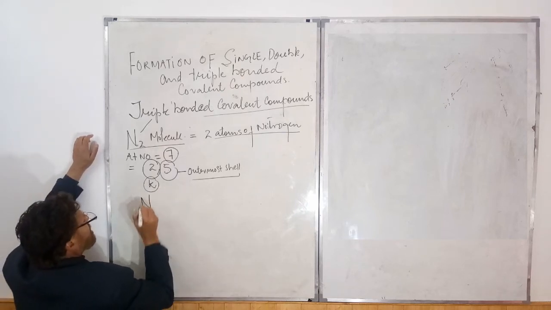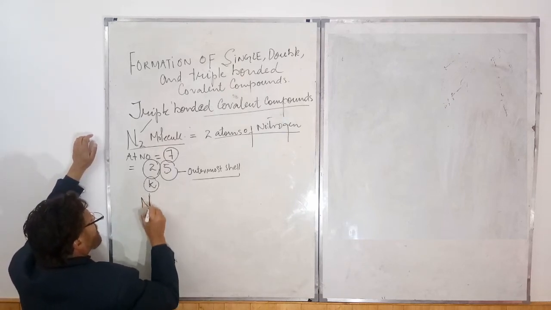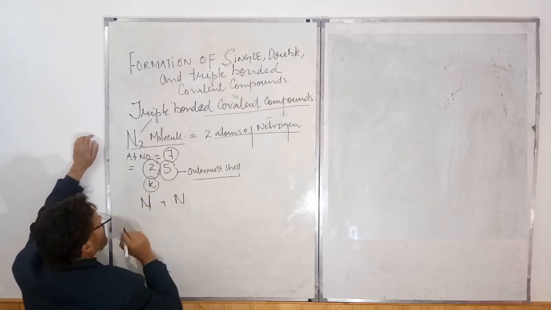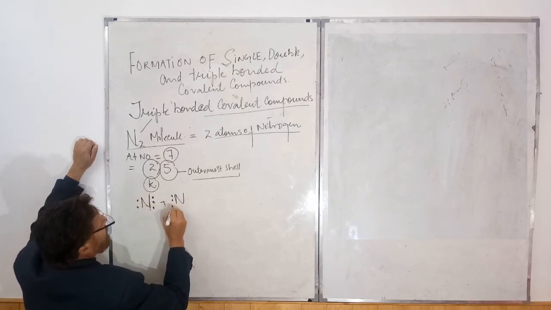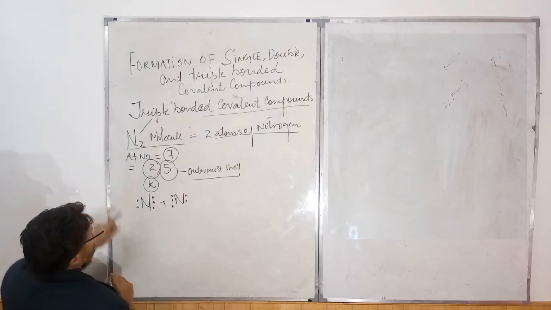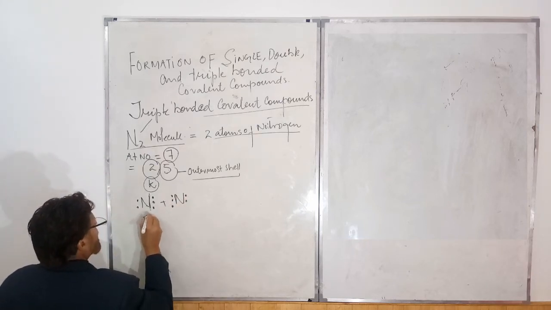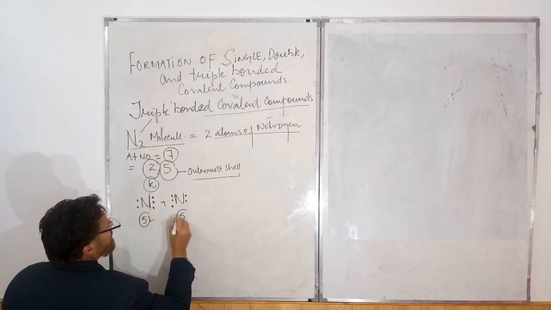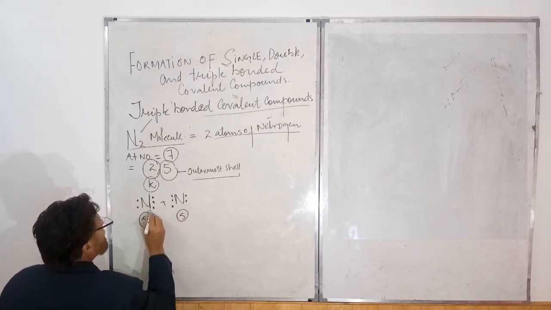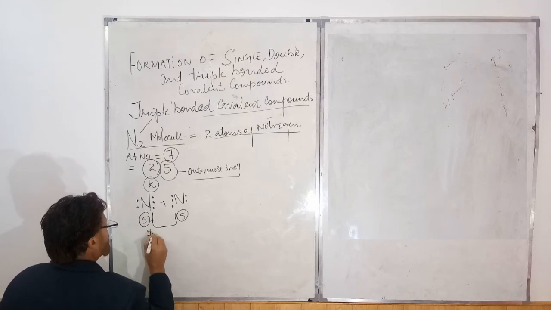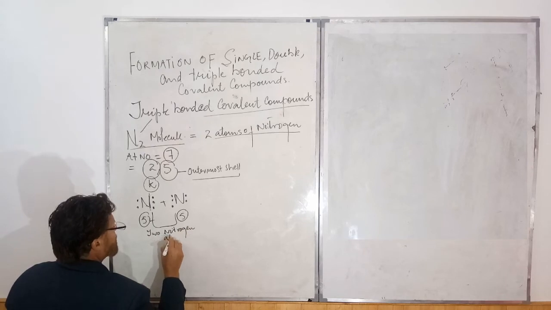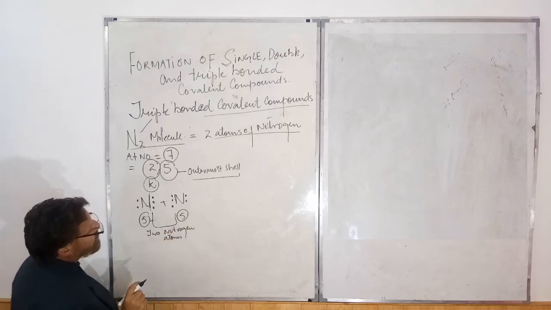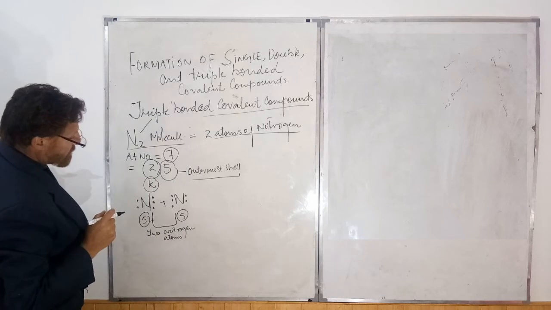Taking a nitrogen atom plus a nitrogen atom, each with 5 electrons in its outermost shell: 1, 2, 3, 4, 5.